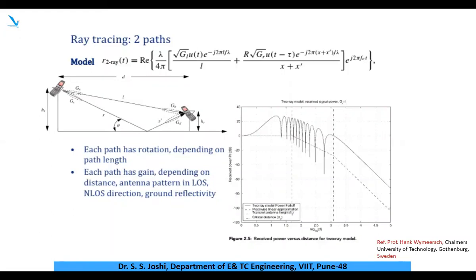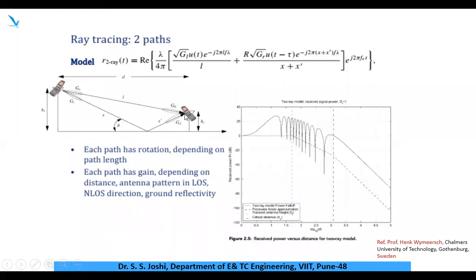All the effect coming at the receiver at a particular time is the current signal at a given time t, and its past values present in the system. In this case also the same thing happens. All the components are the same, but there is some fluctuation here.